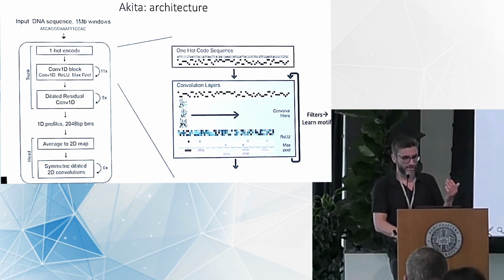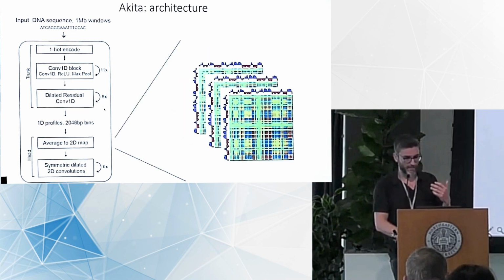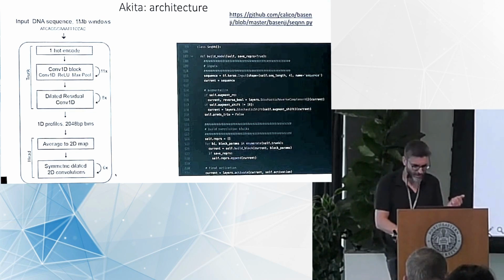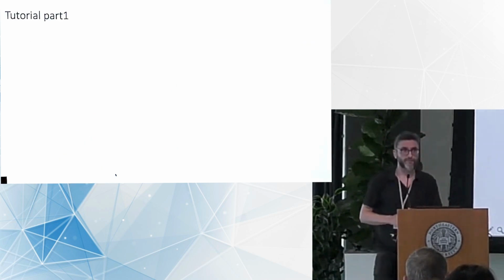This trunk is very similar to these sequence-to-profile models, very similar to the computer vision models, where we're taking in a DNA sequence, one-hot encoding it as ones and zeros, passing it through convolutions, nonlinearities, pooling, and then converting from the land of profiles to the land of maps. And that brings us to the tutorial part 1.